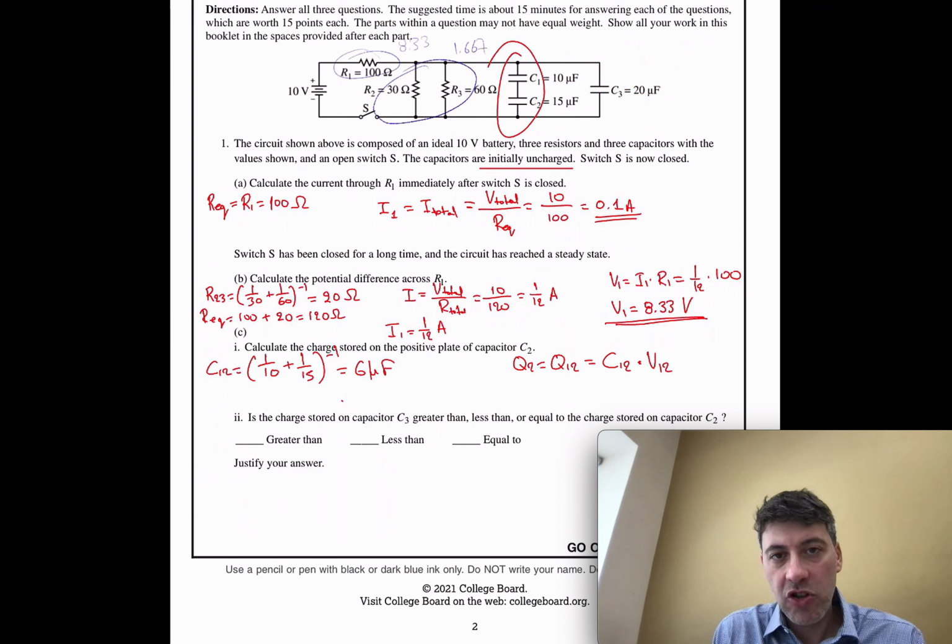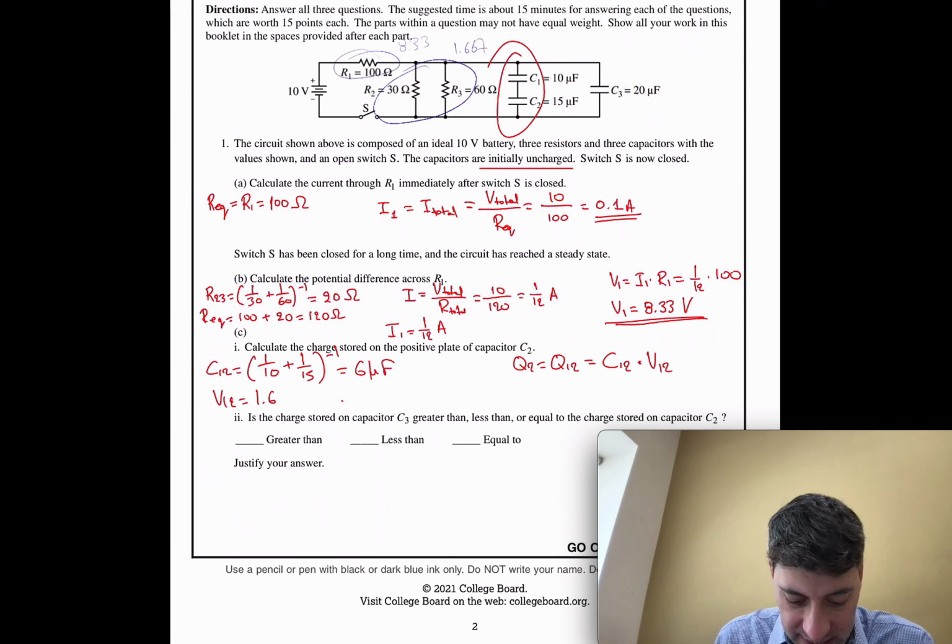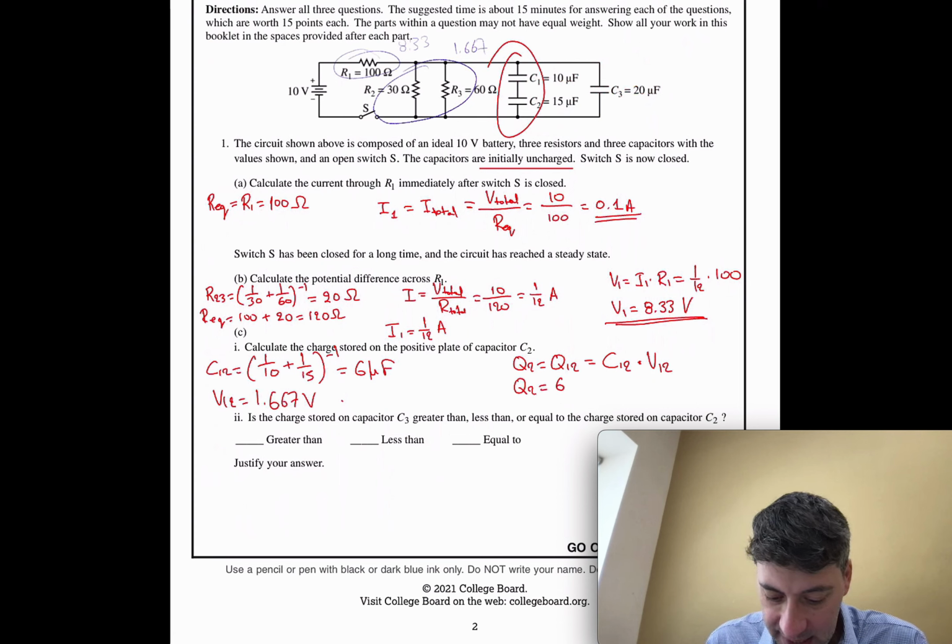These resistors are in parallel with the capacitors C12, so they will share the same voltage. So we can say that the voltage V12 is 1.667 volts. And now that we know this, it will be easy to find Q2, which is 6 microfarads times 1.667. I believe that this will be 10.